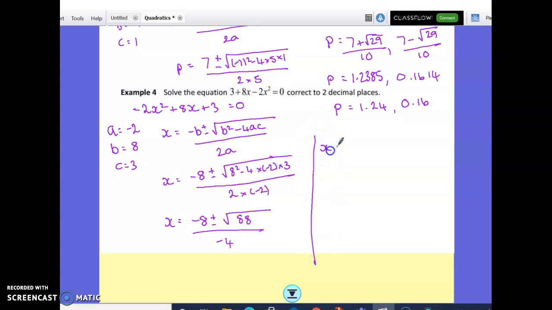Separate it out, and again I've not left myself enough room. I have to change this for next year. So x is minus 8 plus root 88 over minus 4, or minus 8 minus root 88 over minus 4.